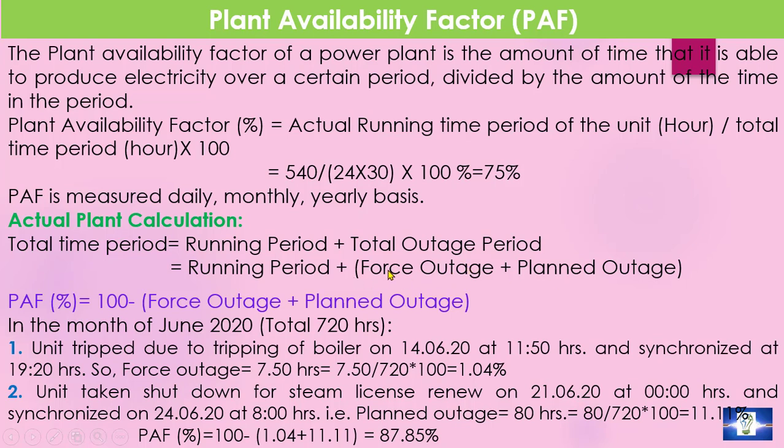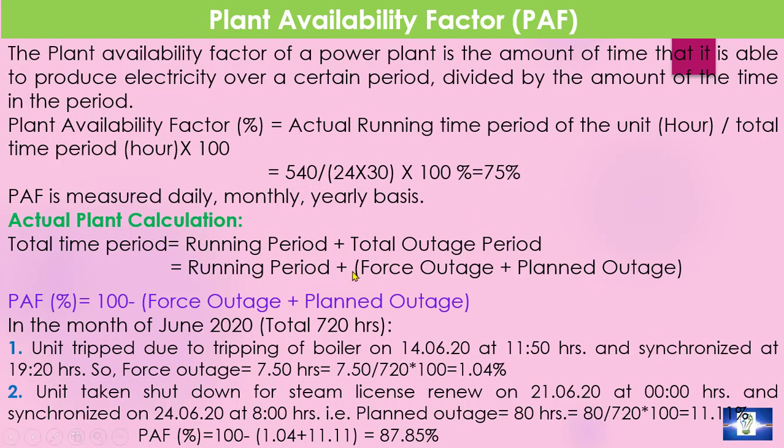Forced outage is the shutdown of the unit for a time period due to some technical problem, and planned outage is the outage of the unit in a planned way. This planned outage is mainly to follow statutory norms like steam license renewal, overhauling, etc.